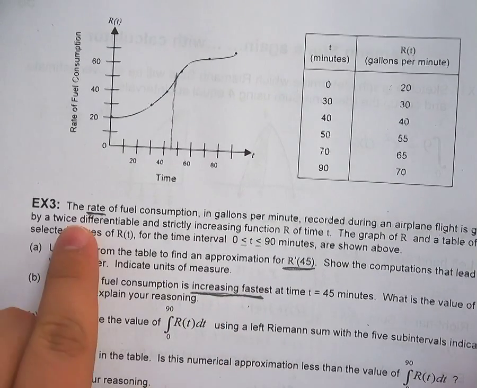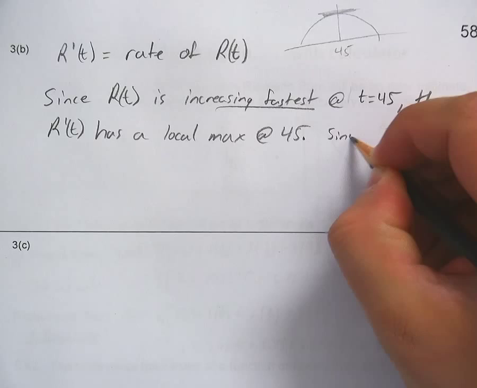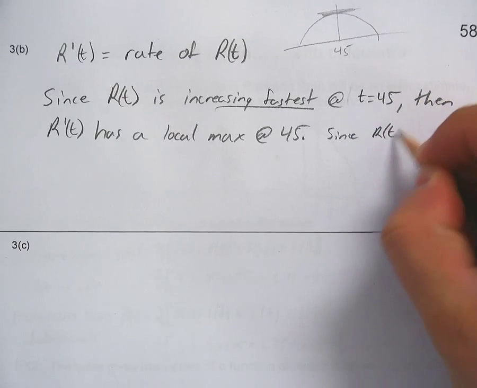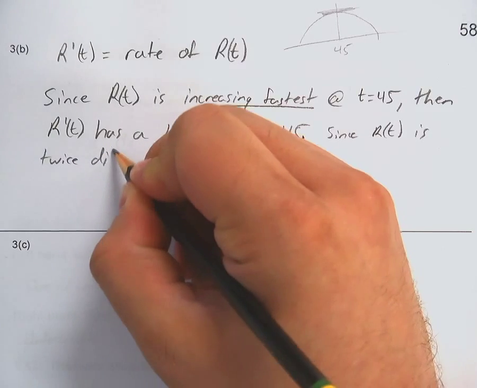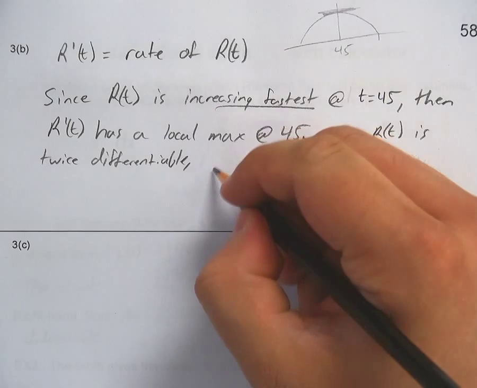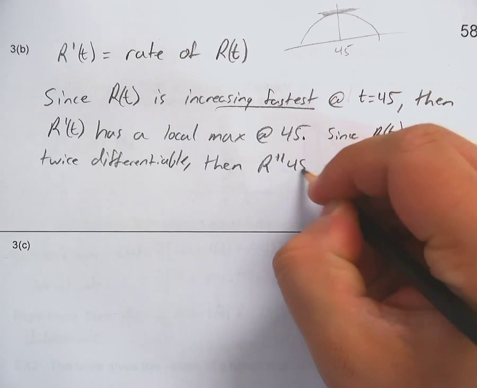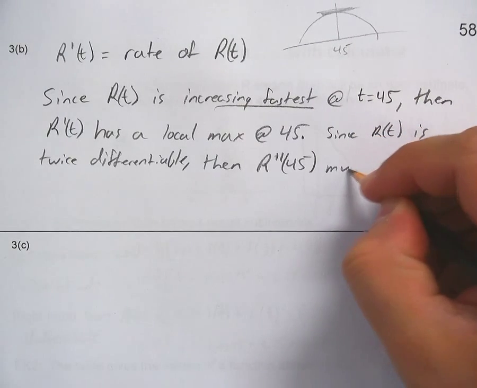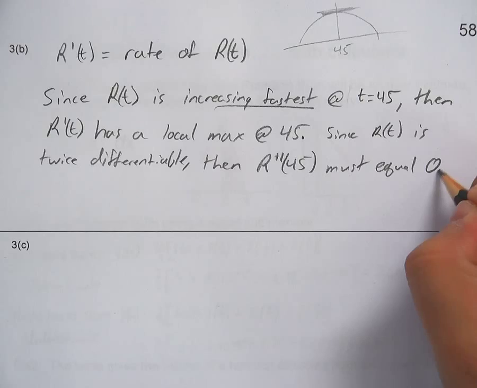The question actually stated that it is twice differentiable, right? I'm going to use that in this explanation. I'm going to say since r of t is twice differentiable, then r double prime of 45 must equal 0.